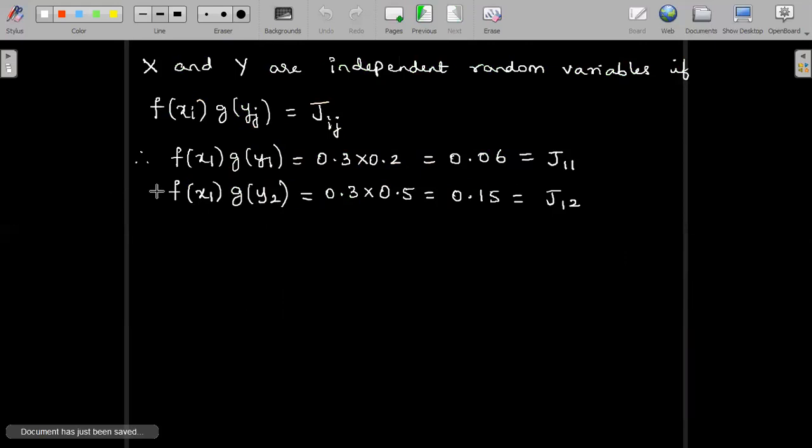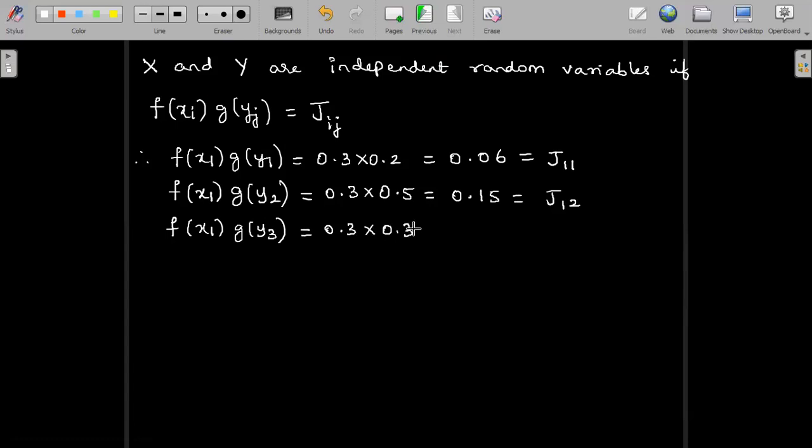Now we verify for the third value, that is f of x1 into g of y3. We have the third value y3, which is 4, and its respective probability g of y3 is 0.3.